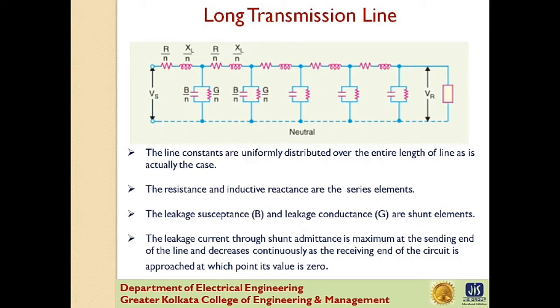The leakage conductance takes into account the energy losses occurring through the leakage over the insulators or due to corona effect between conductors. Admittance is equal to root over G square plus B square. Next, the leakage current through the shunt admittance is maximum at the sending end of the line and decreases continuously as the receiving end of the circuit is approached, at which its value is 0.